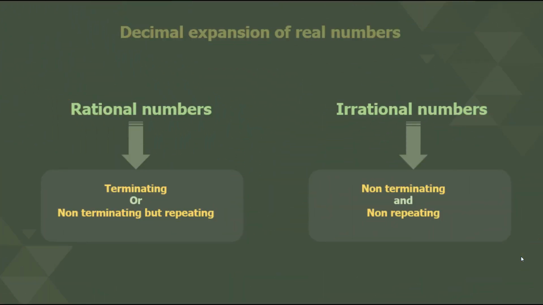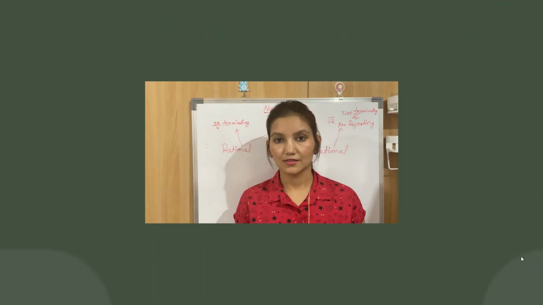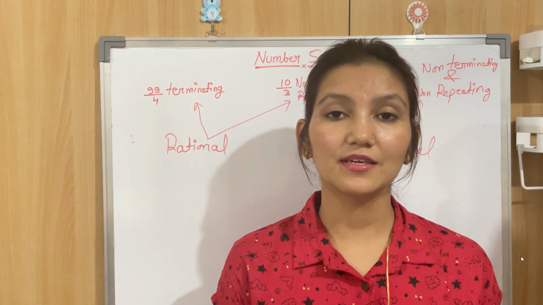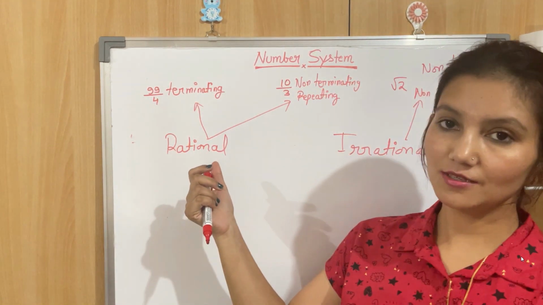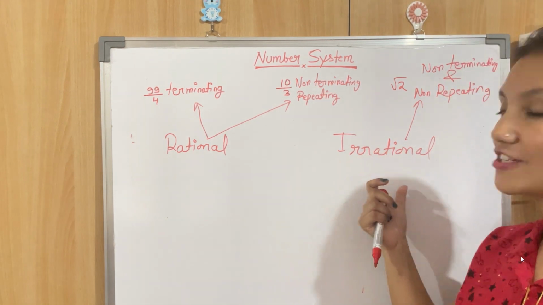Alright, let's sum up. The decimal expansion of rational numbers will always be terminating or non-terminating but repeating, whereas the decimal expansion of irrational numbers will always be non-terminating and non-repeating. Now I want you to tell me what kind of number pi is, whether it's a rational number or an irrational number.